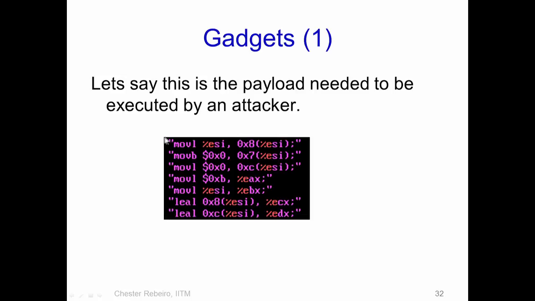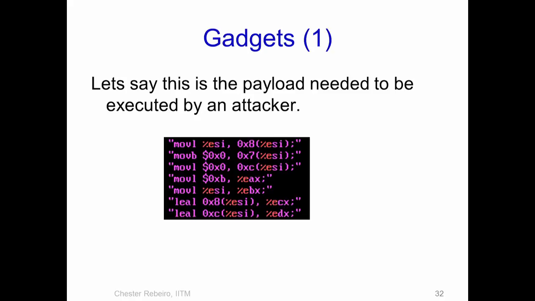Now, what the ROP attack does is use something known as a gadget. Now, gadgets essentially mean splitting this particular code, or the payload as it is called, into small components which are known as gadgets. So, it has been shown that a variety of different payloads could be executed just by using gadgets, and therefore, we could have a variety of different exploit codes that have been used by the attacker.